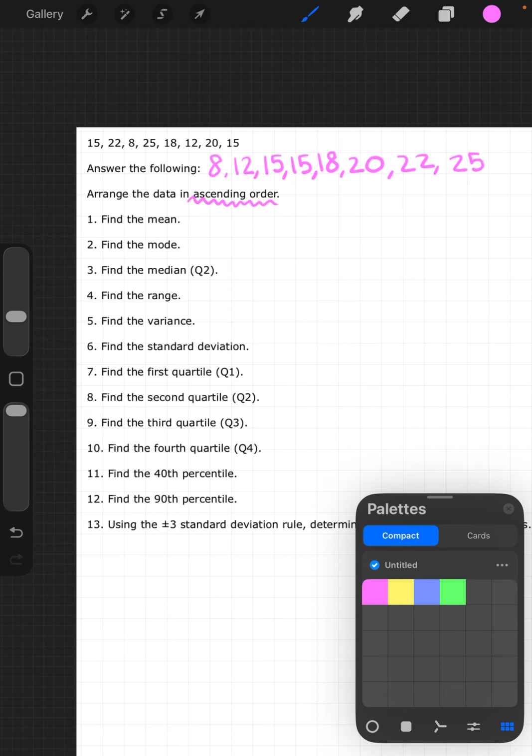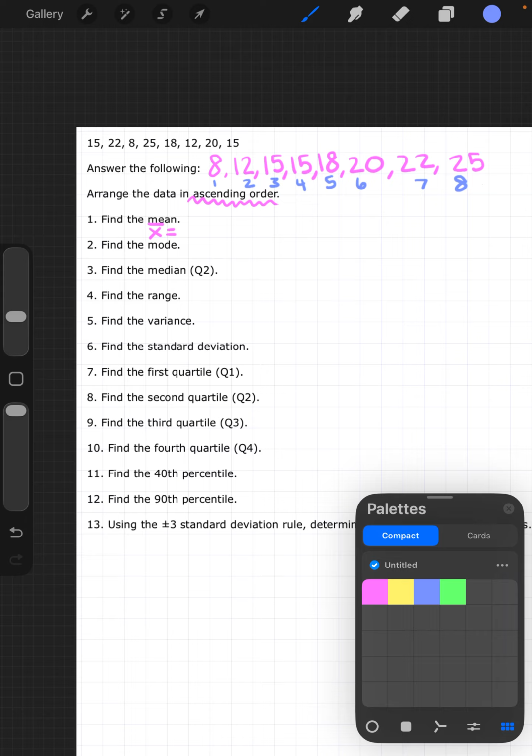And then it's asking us to find the mean, which is x bar, which is equal to all the values divided by n. And n is just how many there are. So 1, 2, 3, 4, 5, 6, 7, 8.